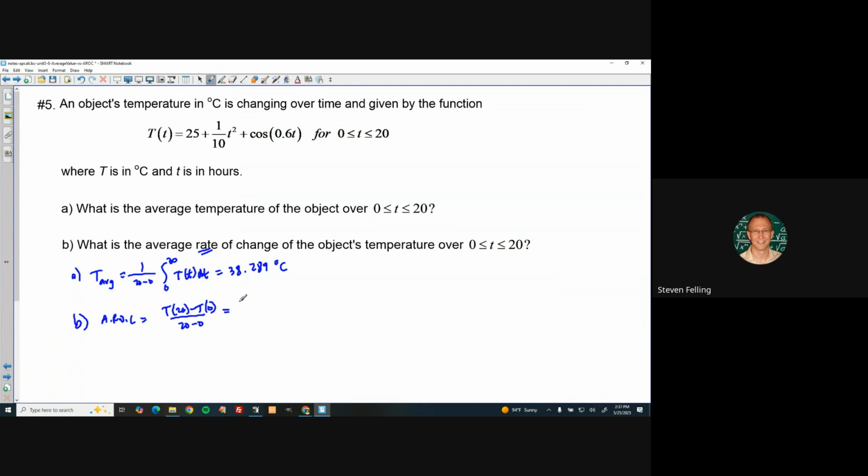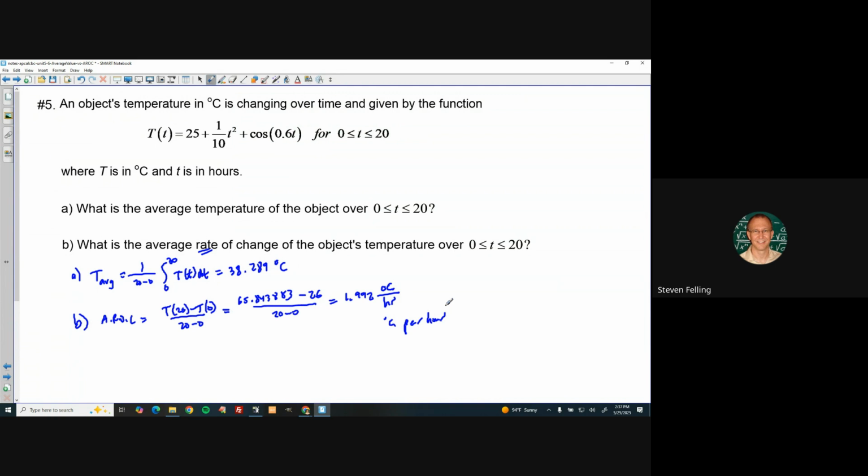So if you plug 20 into that function, you would get 65.843853, etc., minus 26 if you plug a 0 in there. And then you get divided by 20 minus 0. That turns out to be 1.992. And the units there would be degrees Celsius per hour. So degrees C per hour.